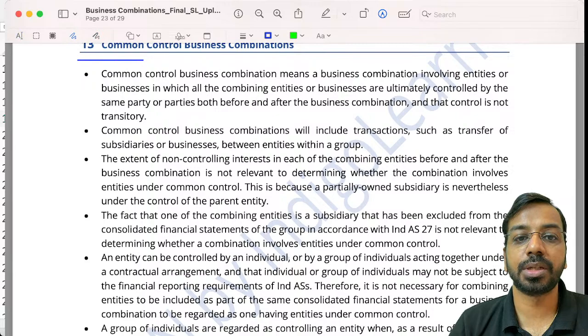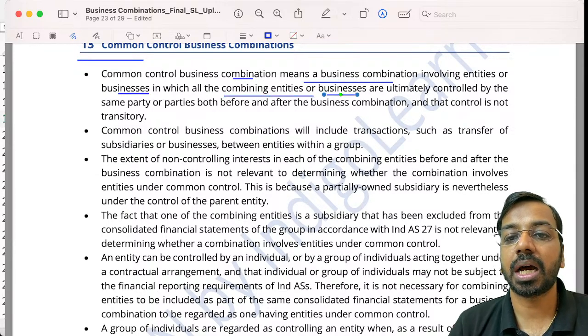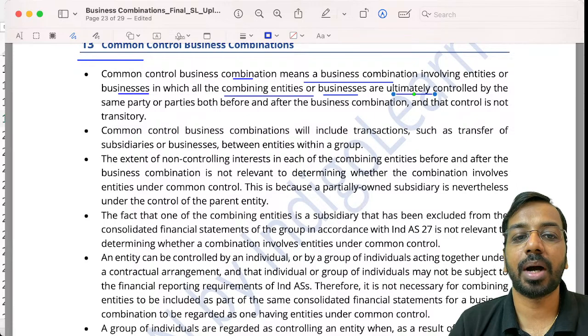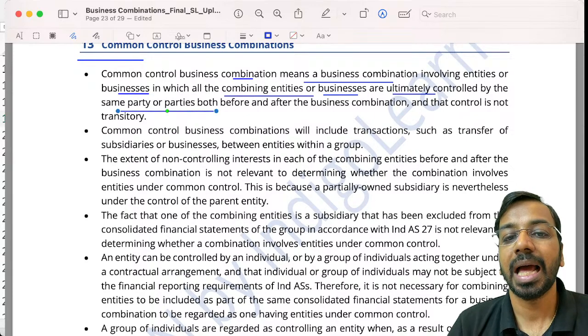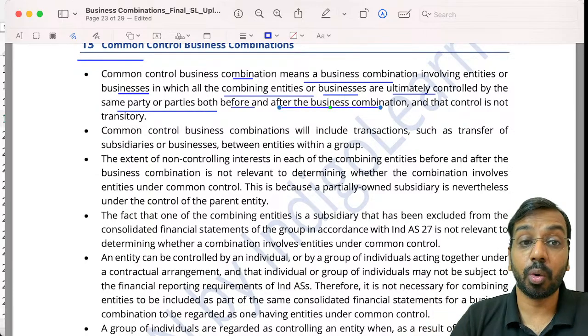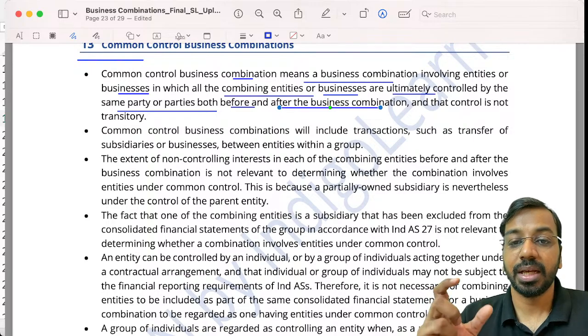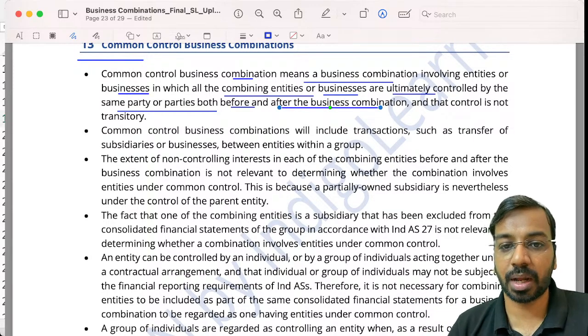A common control business combination means a business combination involving entities or businesses in which all the combining entities or businesses are ultimately controlled by the same party or parties both before and after the business combination, and that the control is not transitory.